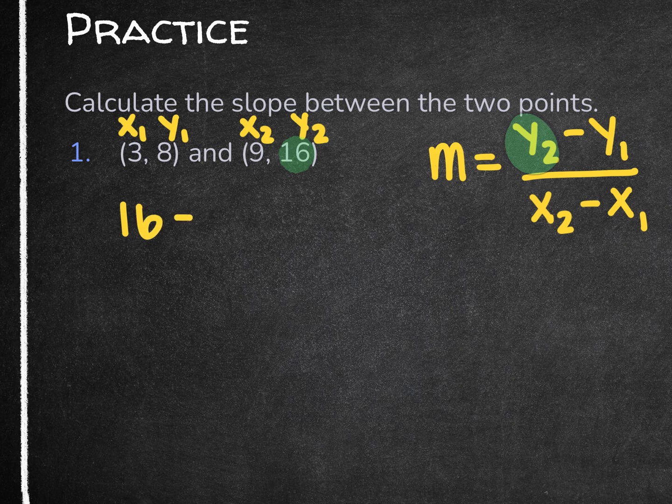Then I have a minus, and instead of y1, I have the number 8 from my first point. On the bottom, I have x2, so I take that from my second point. That's 9, minus my x1, which comes from my first point, which is 3.